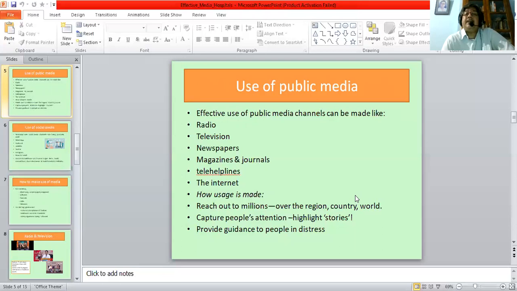You will capture people's attention, highlight medical breakthroughs, and the various facilities provided by your organizations. You will reach out to them, and you will provide guidance to people in need of medical assistance and support. So by using the public media, you will, as I have said, play a very important, I might say, invaluable role in guiding the general public about their medical needs.